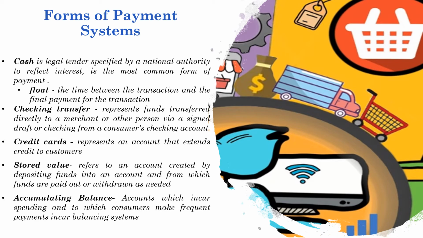And then we have the accumulating balance. These are accounts which incur spending and to which consumers make frequent payments in a balancing system. Traditional examples of these are utility bills such as telephone bills and water bills.